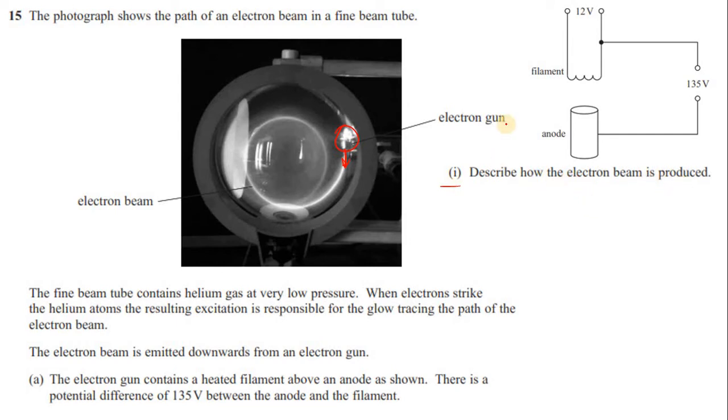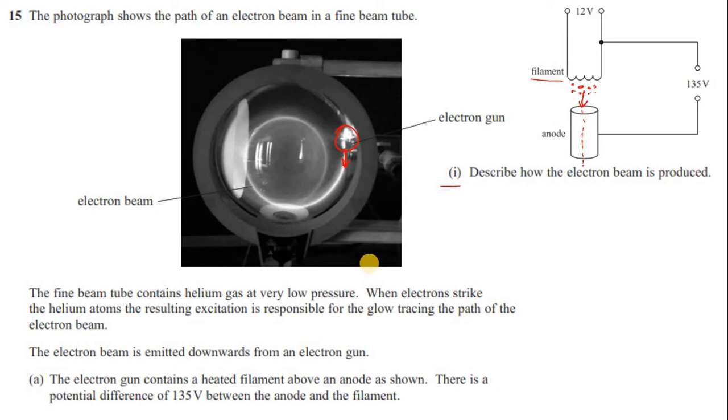So basically, whenever we need to produce an electron beam, in general we use a filament and we apply a high voltage across the filament. Due to heating of the filament, electrons are emitted. Once electrons are emitted, they start gathering here, but due to the potential difference on the anode, they start accelerating toward the anode, and then they form a beam.